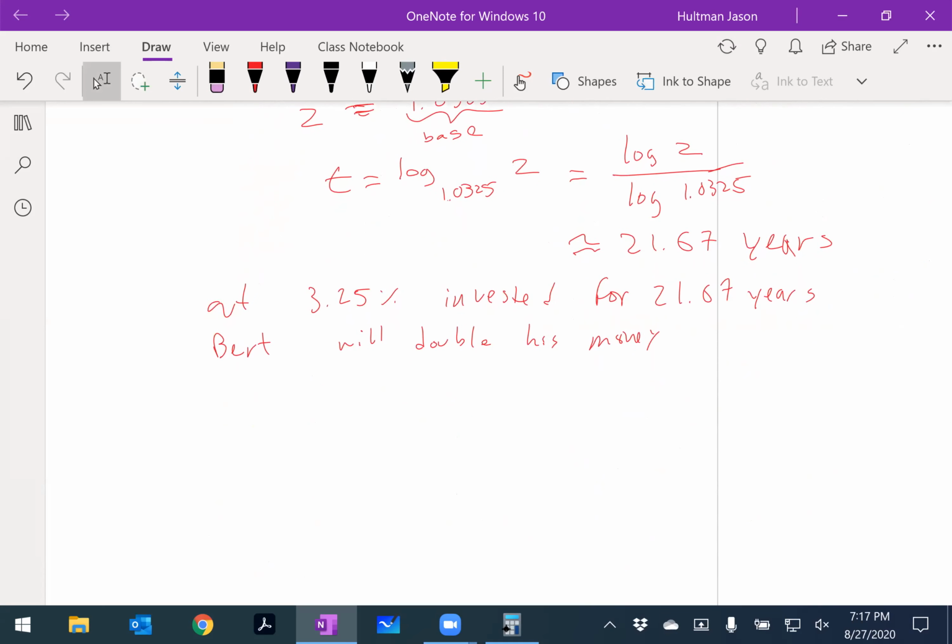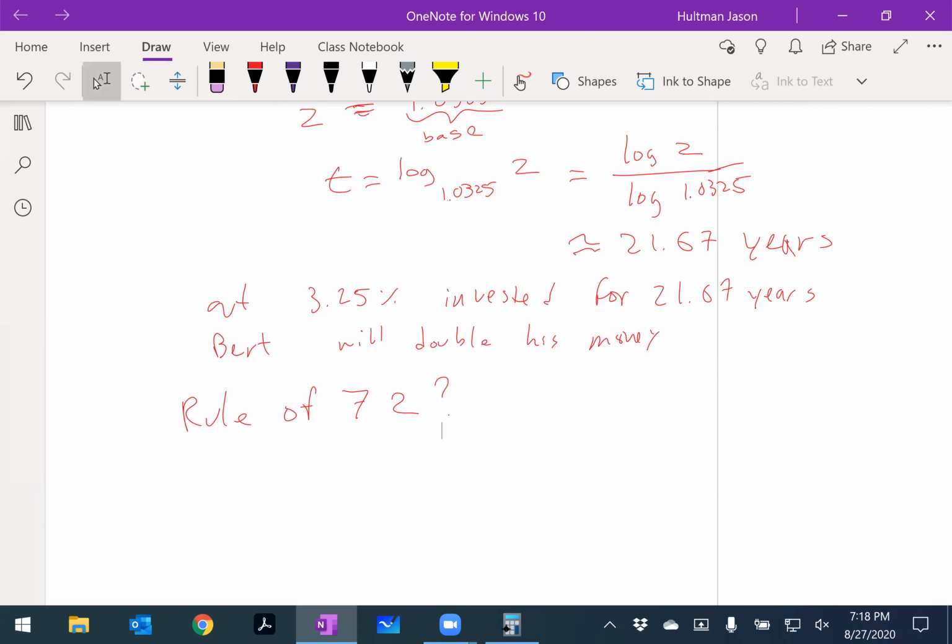Has anybody ever heard of the rule of 72? Anybody know what the rule of 72 is?